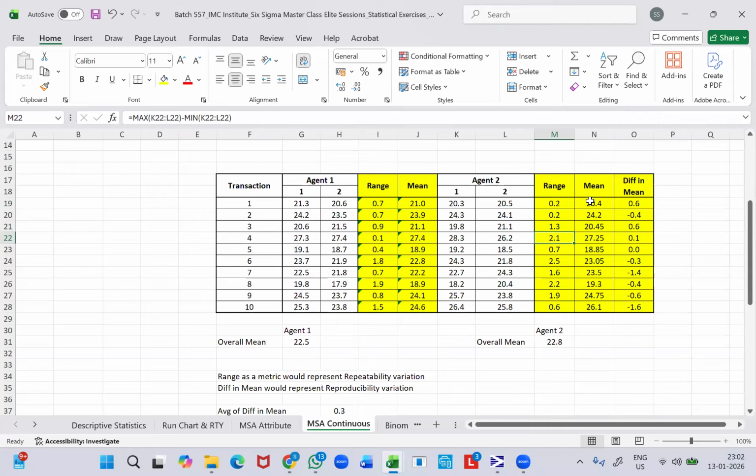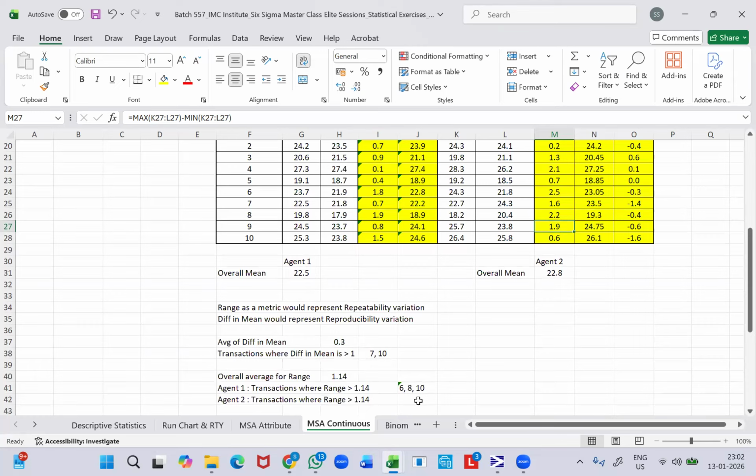So the third transaction, fourth transaction, and then the sixth, seventh, eighth, ninth transactions.